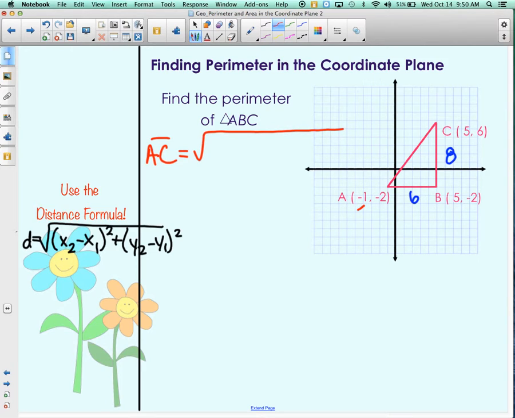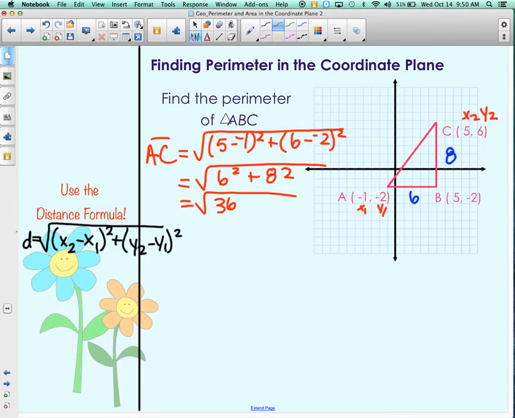We'll call this one x1, y1. Call this one x2, y2. x2 minus x1 quantity squared plus y2 minus y1 quantity squared. 5 minus -1, 6 squared. 6 minus -2, 8 squared. 6 squared is 36, 8 squared is 64.